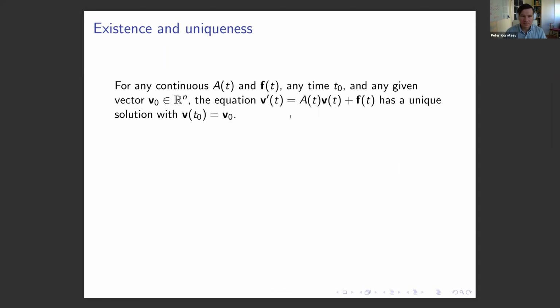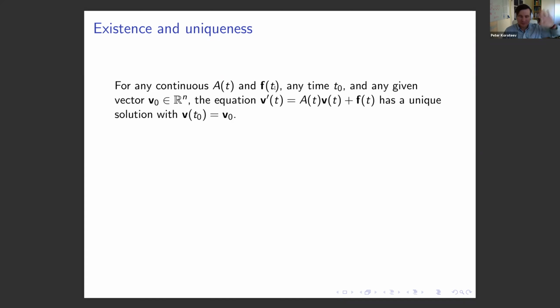So again, we can talk about existence and uniqueness as we did previously for ordinary differential equations. For any continuous matrix function, so you have a matrix of functions, and every function in that matrix is continuous, and every function in the vector function f of t is also continuous.